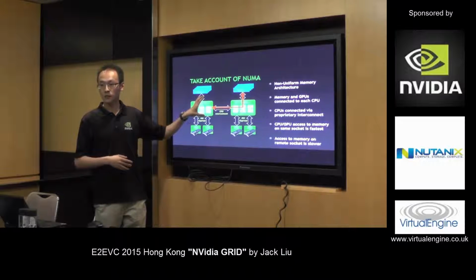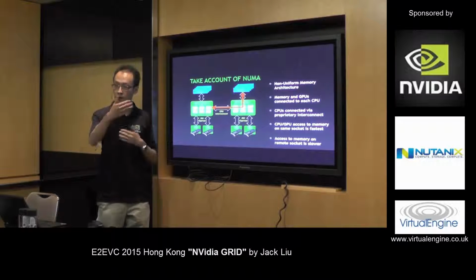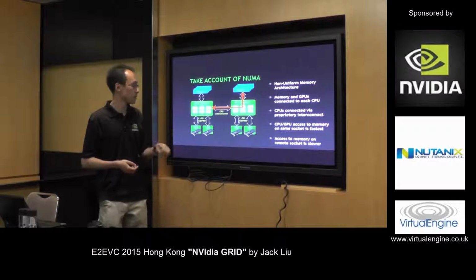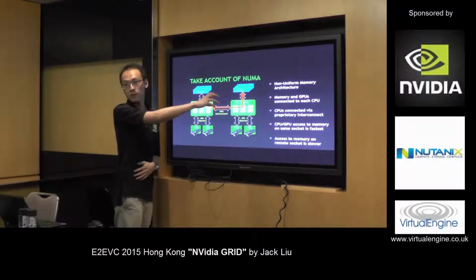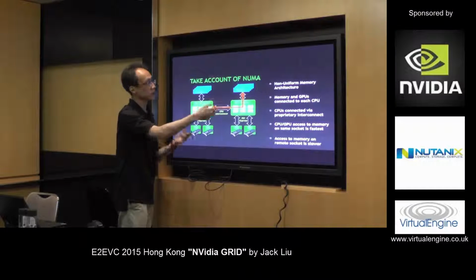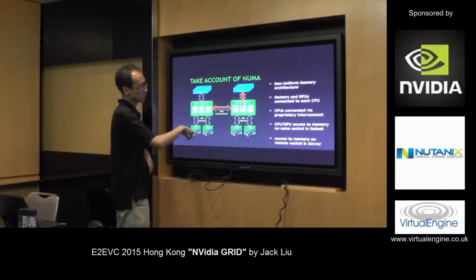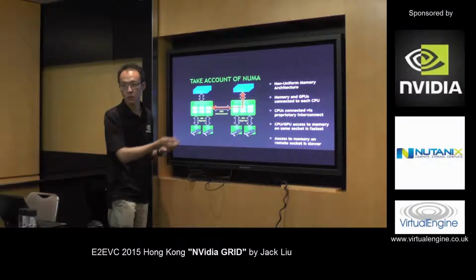It's not like before, right? So CPU 0 has a certain GPU attached to it. And if your application is running on another CPU or vCPU served on the VM, it goes to the far side of the GPU, and the graphics processing will be slowed down.